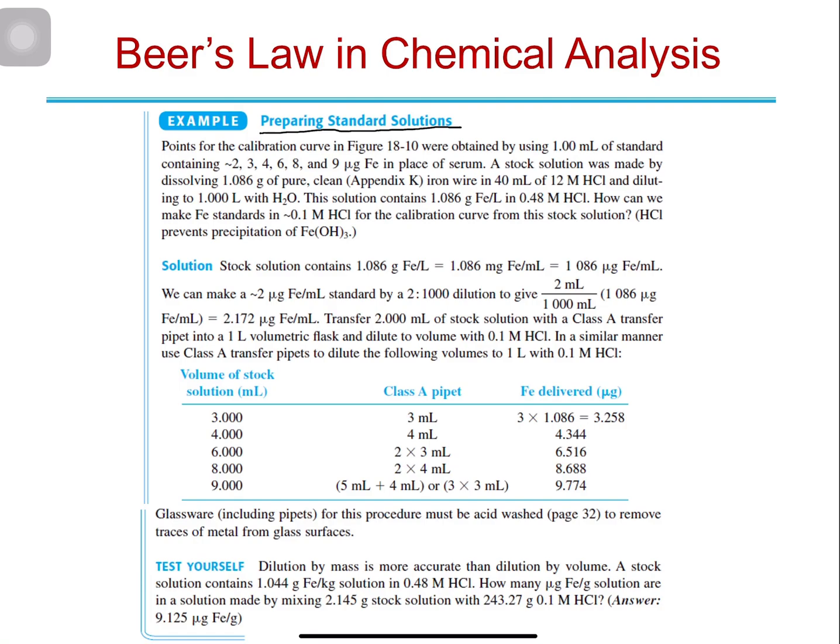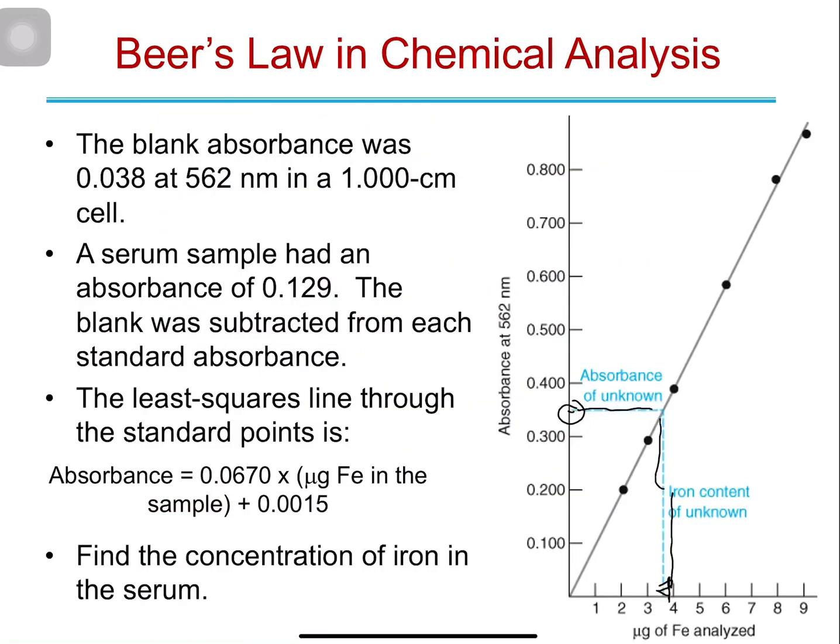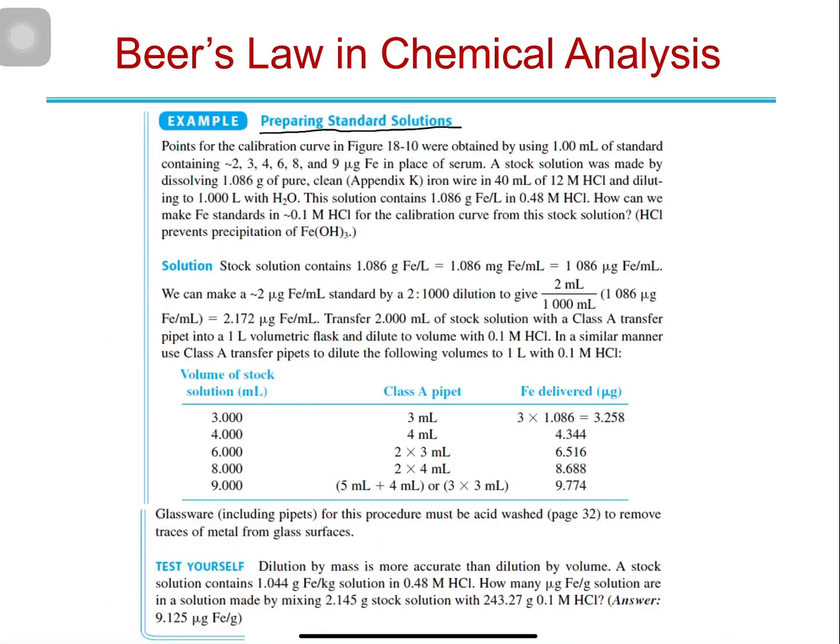So in order to create this calibration curve, we prepared our stock solution of iron by dissolving 1.086 gram of pure clean iron wire in 40 ml of 12 molar HCl. And then we diluted this to 1 liter with water. So this is our stock solution.